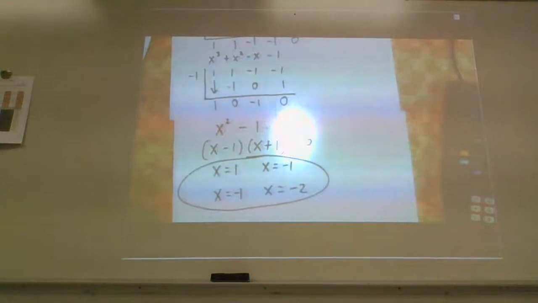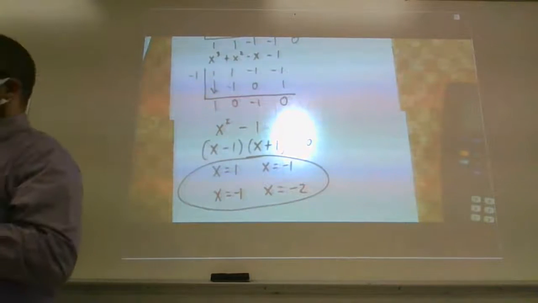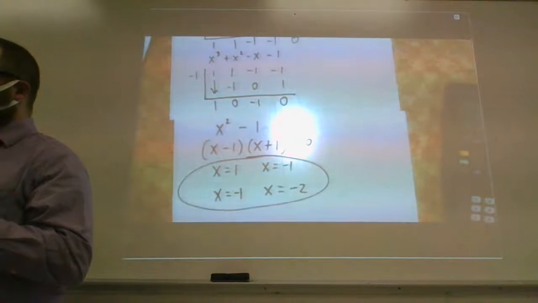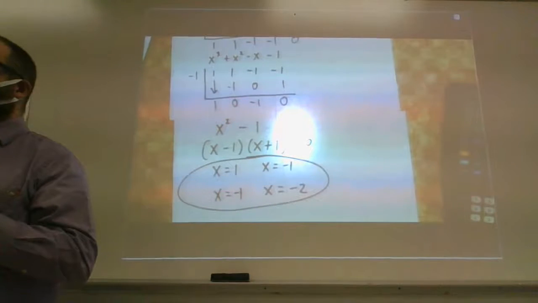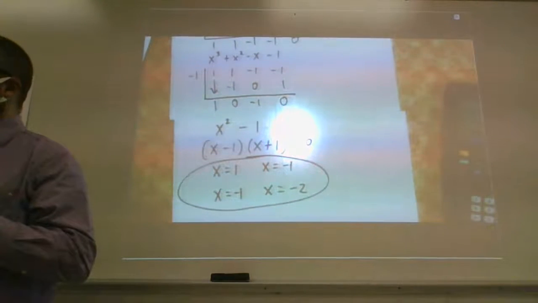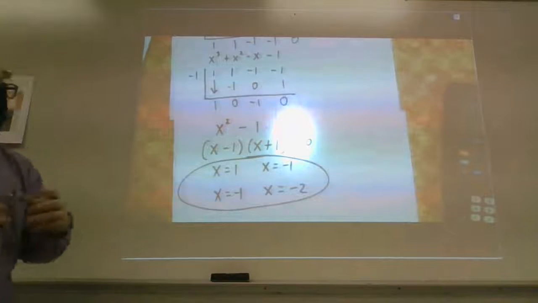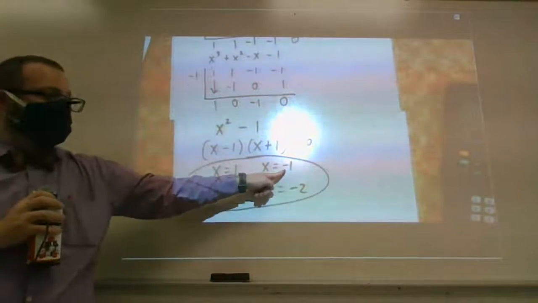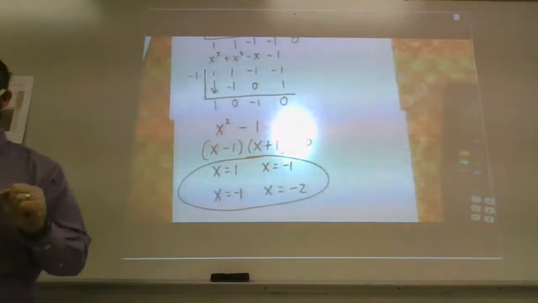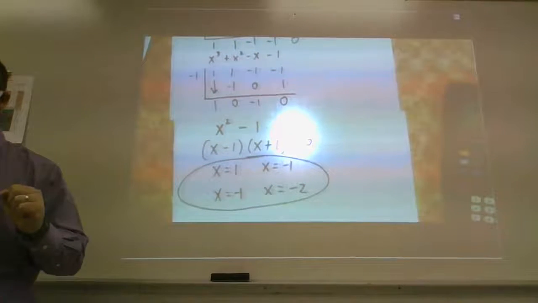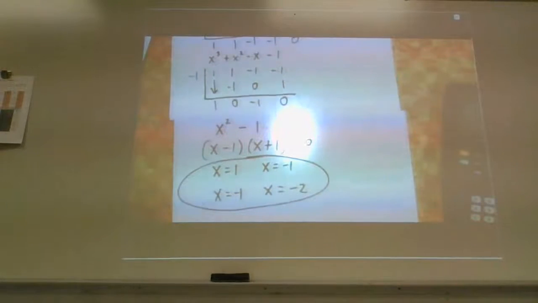Positive, negative has nothing to do with it. Let me come up here and do that finger quote thing again. I got 4 zeros, but visually, there's only 3 x-intercepts. Yeah. The negative 1 repeated. It repeated. Let me go back to Desmos real quick.